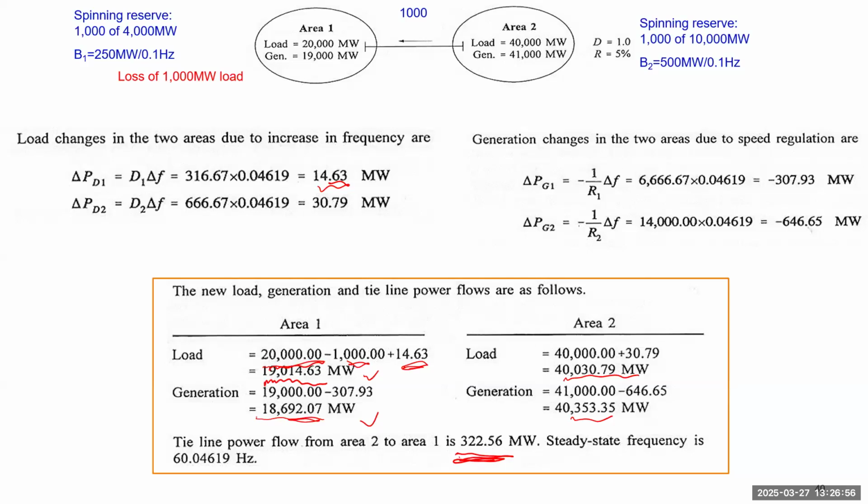So this is the new Thailand flow. Originally, Thailand flow is 1,000, but right now the Thailand flow is reduced, only around 300. That is because area 1 has decreased load, and the final frequency is slightly higher than 60 hertz. So this is question 1.